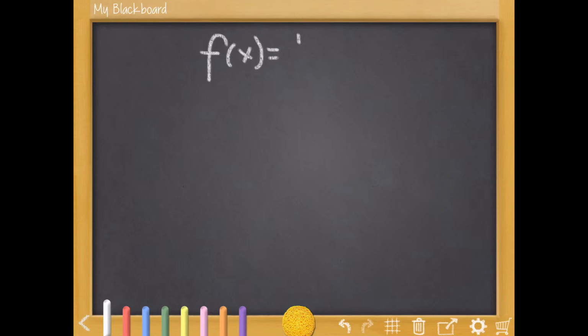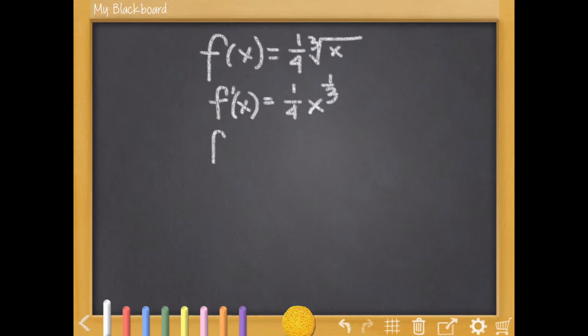So for the next example, we have f of x is equal to 1/4 cube root of x. To get its derivative, first we're going to change it into another form, which is 1/4 x raised to 1/3.